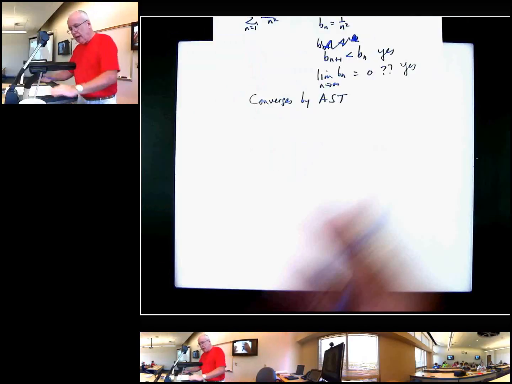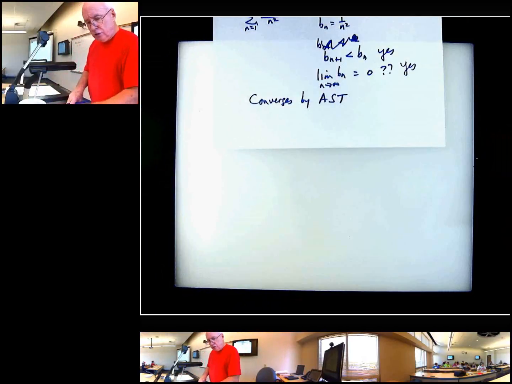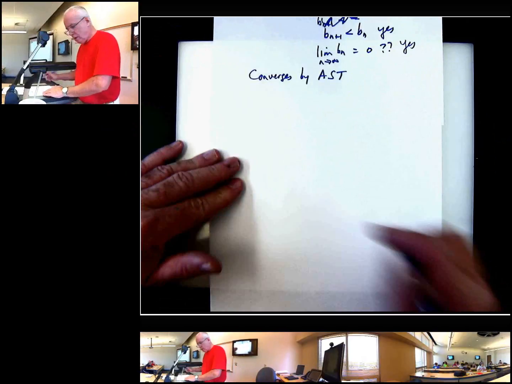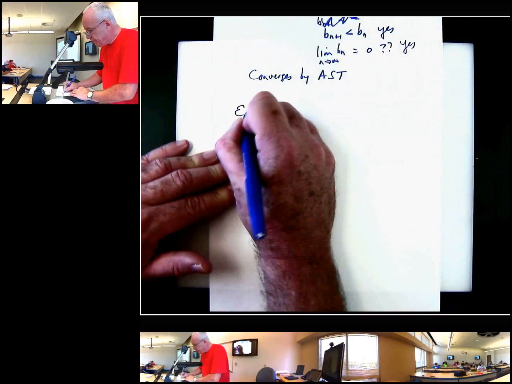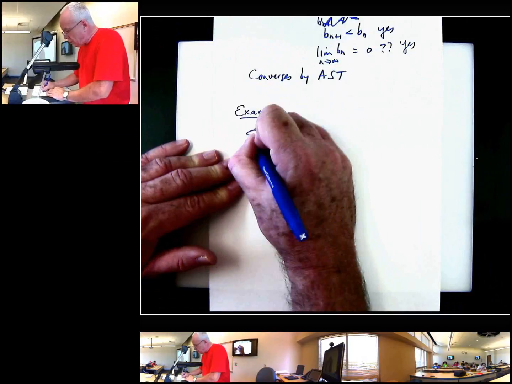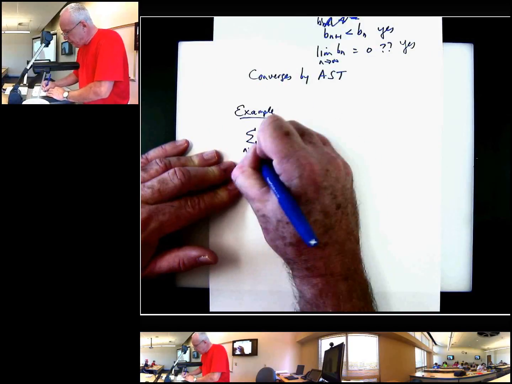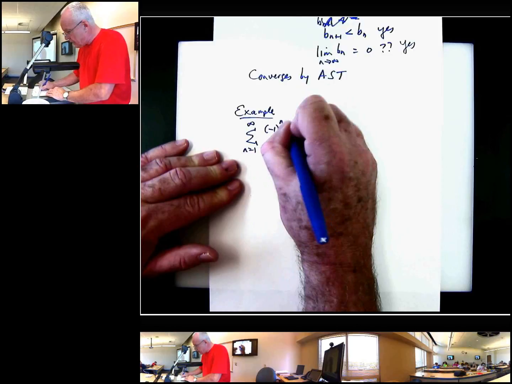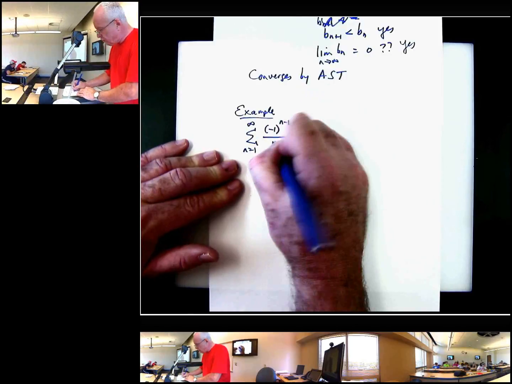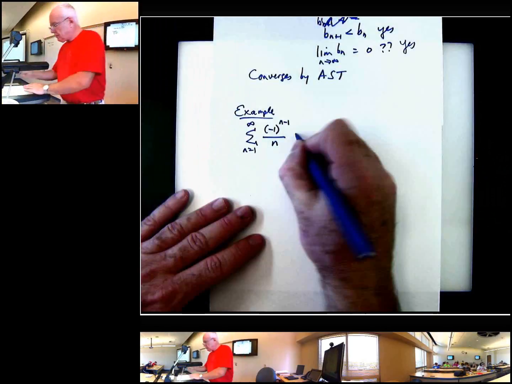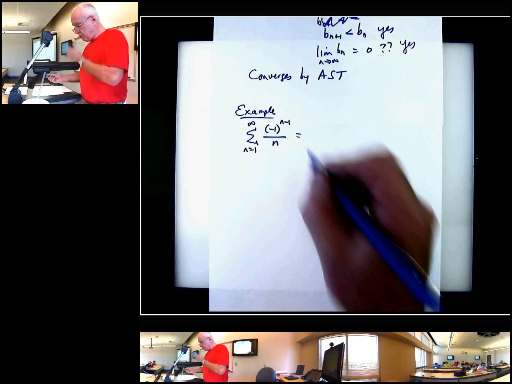Let's look at another example here to look at absolute convergence. Let's look at this series. It's another alternating series. N equals 1 to infinity, minus 1 to the n minus 1 over just an n. Let's write out a few of the first terms.